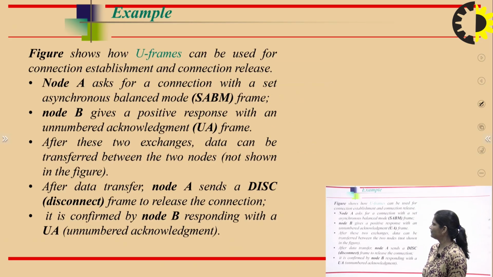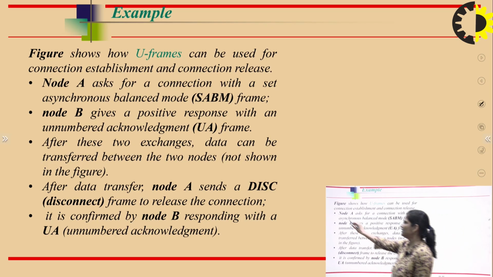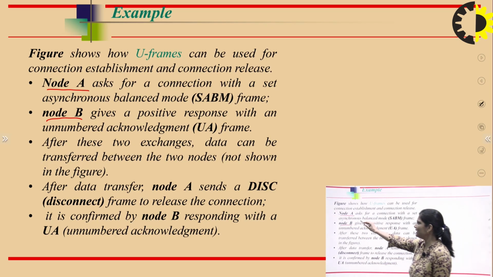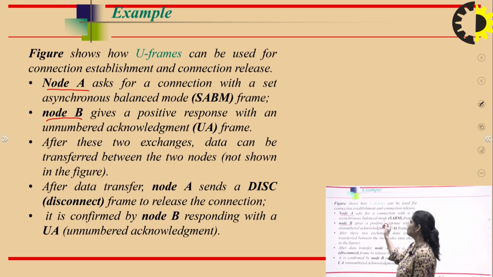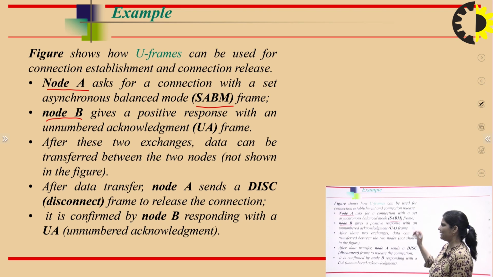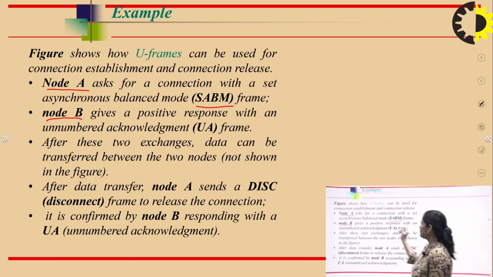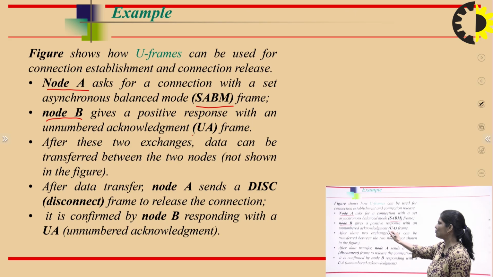Now we can see an example. There are two nodes, node A and node B. Node A asks for a connection with set asynchronous balanced mode, that is the SABM frame, and node B gives a positive response with an unnumbered acknowledgement, the UA frame.